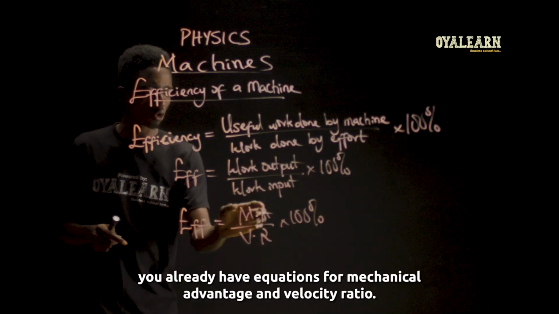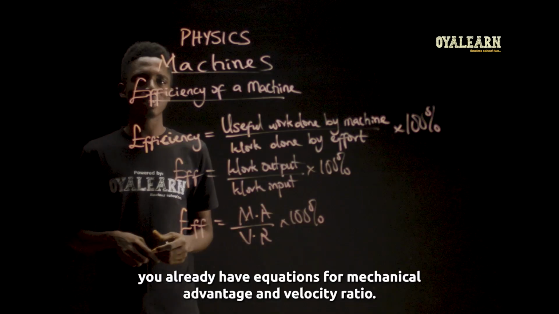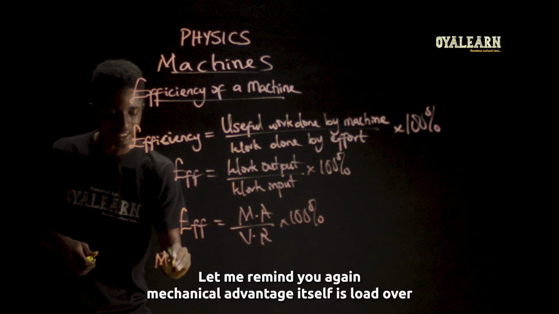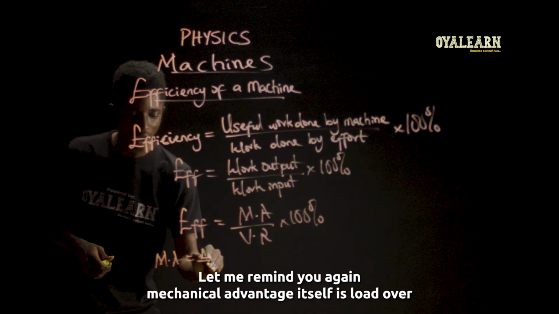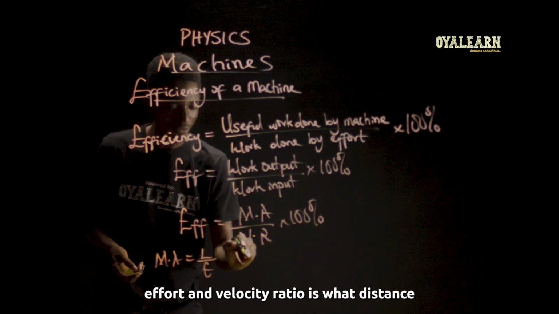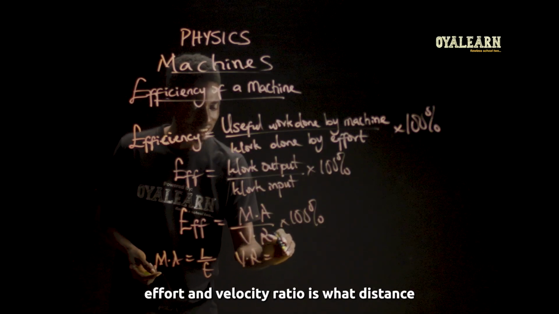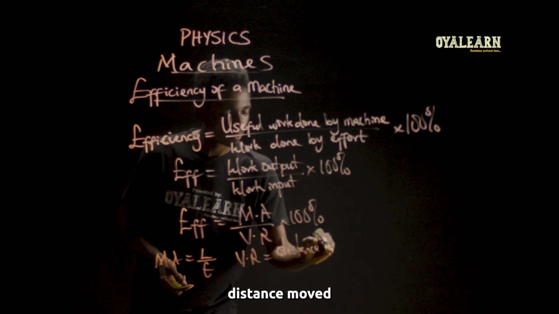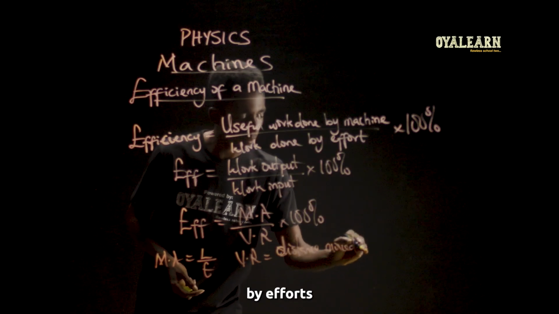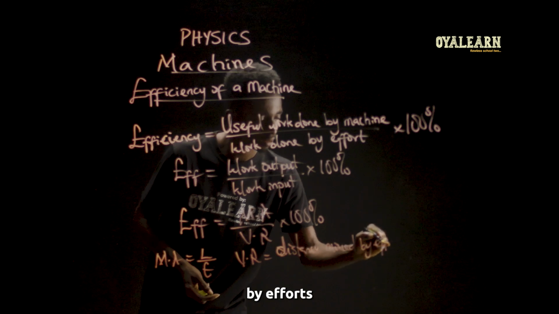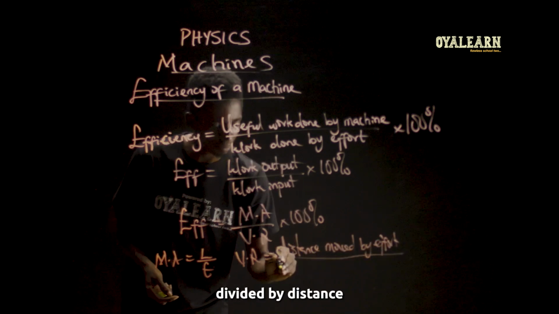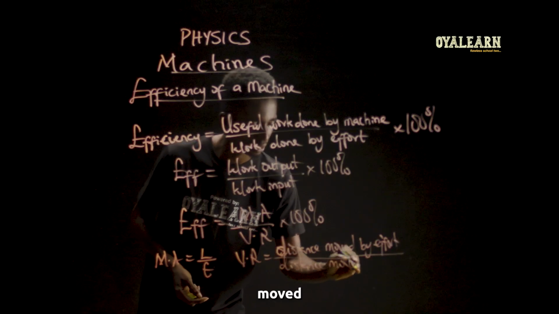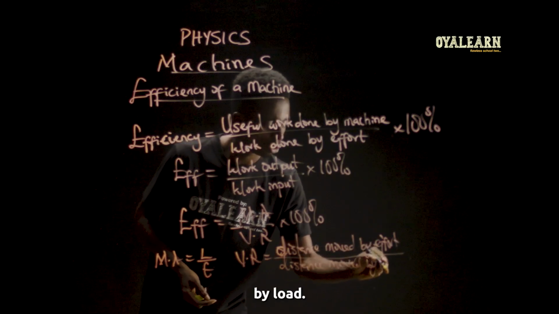Don't forget that you already have equations for mechanical advantage and velocity ratio. Let me remind you again. Mechanical advantage is load over effort. And velocity ratio is what? Distance moved by effort divided by distance moved by load.